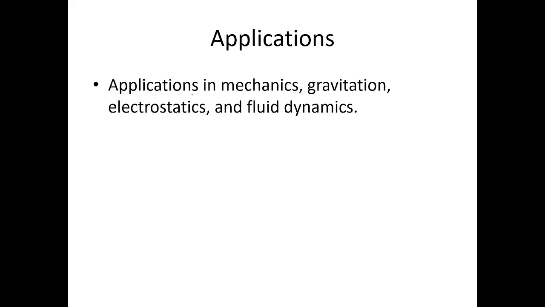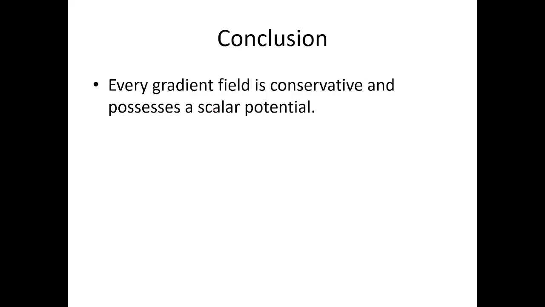Applications of the conservative field: there are numerous applications in mechanics, gravitation, electrostatics, and fluid dynamics for the conservative field. Every gradient field is conservative and possesses a scalar potential.